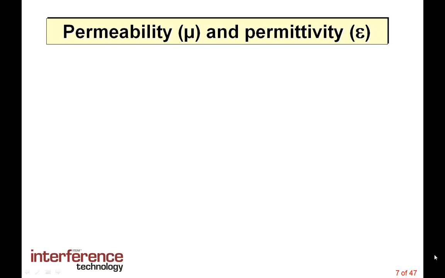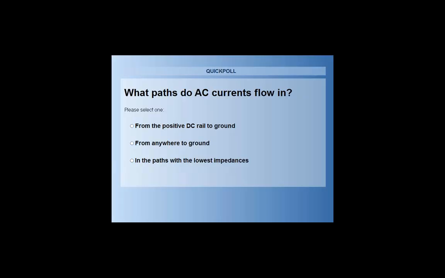Chief, I'd like to interrupt you for a minute to ask a poll question to our viewers. Sure, yeah. Attendees, please answer the following question. What paths do AC currents flow in? From the positive DC rail to ground, from anywhere to ground, or in the path with the lowest impedances?